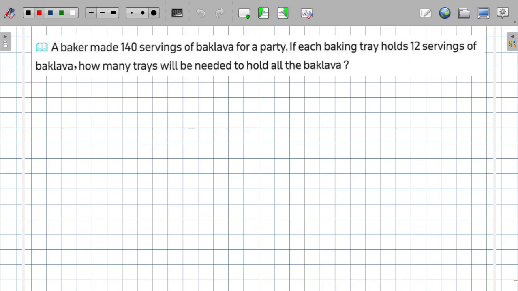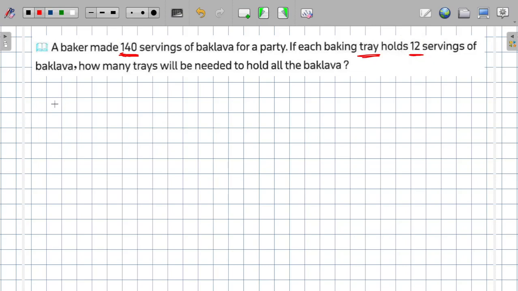So I want here to divide the total number of servings over the number of servings per tray.